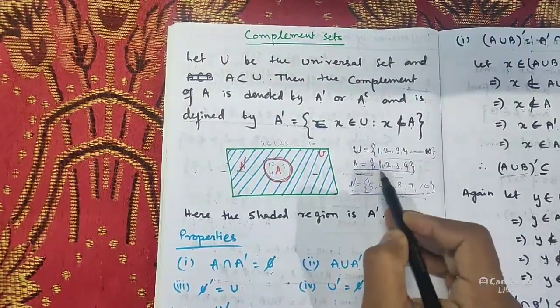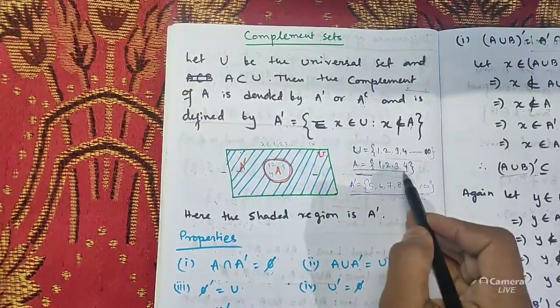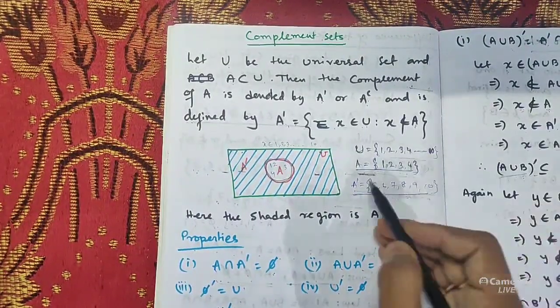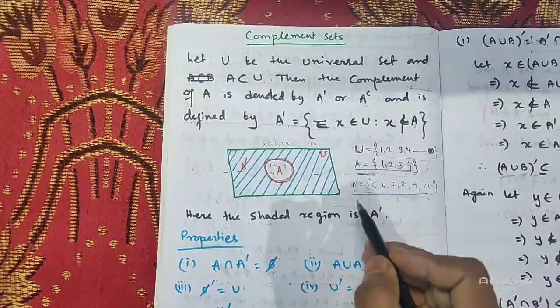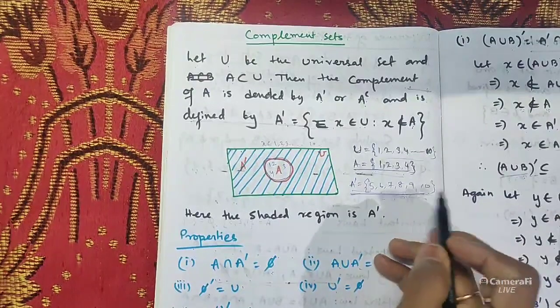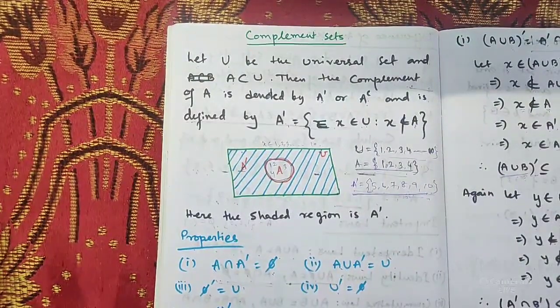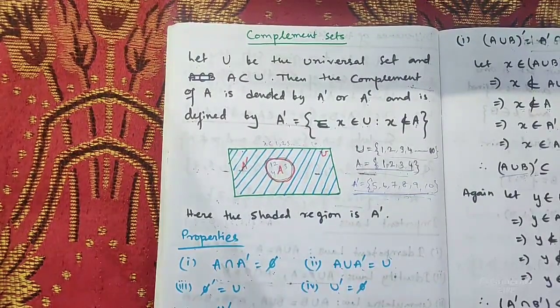A complement means except these 1, 2, 3, 4 elements of A, all the elements which belong to U. So 1, 2, 3, 4 you have to remove from U and the remaining elements, that means 5, 6, 7, 8, 9, 10, this is A complement. Clear? Here the shaded region is A complement.